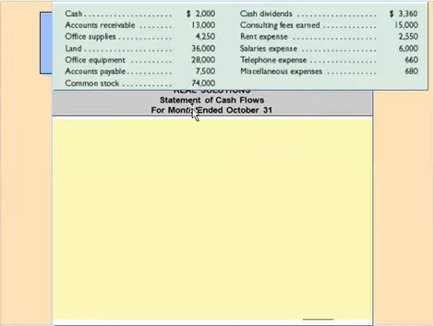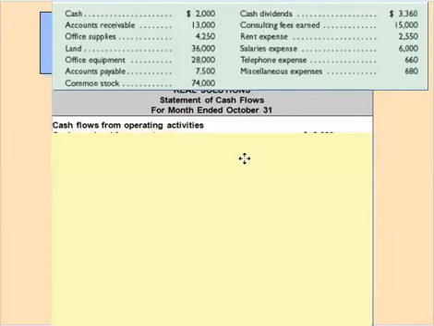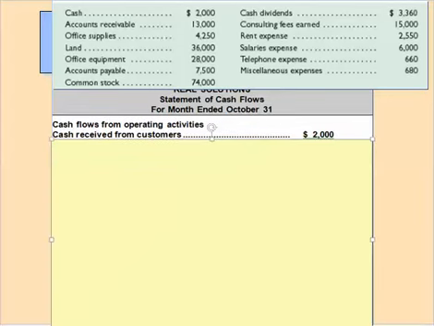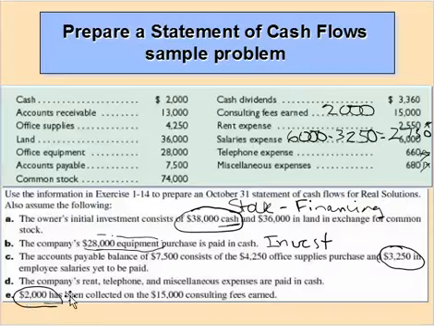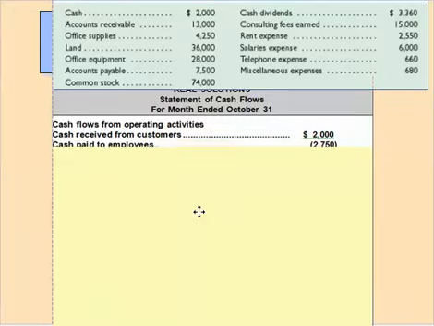So here we have Real Solutions statement of cash flows for a month ended, and we'll list our operating activities first. That's going to be all the inflows and outflows from our daily operating activities. From our revenues, which we saw a second ago, $2,000 collected of the $15,000 of consulting fees earned. We also have cash paid to our employees.